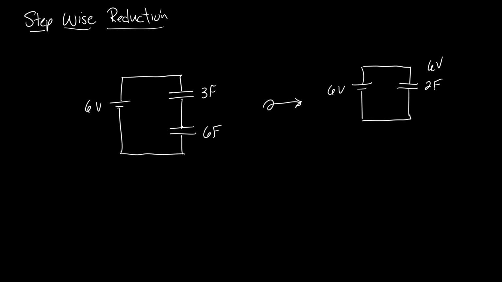And to figure out charge, well, I just use my expression for capacitance. Rearrange it to find charge, and then calculate the amount of charge that must be stored in the equivalent capacitance. 2 times 6 is 12. So I know the charge is going to be 12 coulombs.